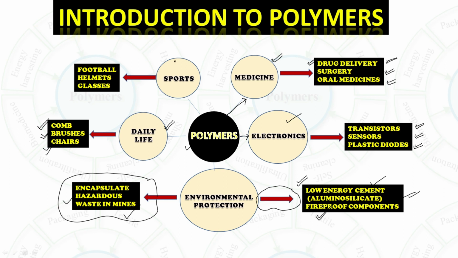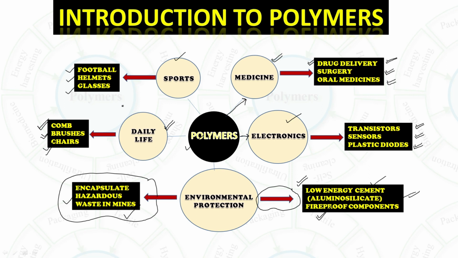Similarly, if you go for the sports, say your football, it is made up of the polymer. Helmets which you use in cricket or rugby or cycling, various sports, all these things are made up of polymers, right? Similarly, for your glasses, generally polycarbonates are used in the manufacturing of the glasses or the sunglasses, or you can see the safety glasses basically.